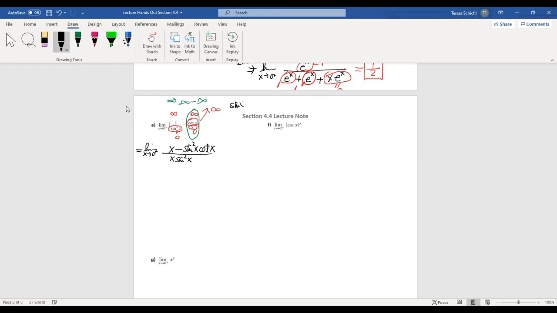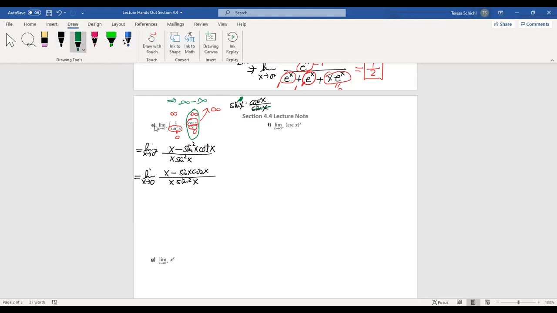So this is sine squared x times cotangent, which is cosine x sine x, correct? And I can cancel one sine here. All right, so now I can simplify this one because we are more familiar with sine and cosine. So I like to get rid of cotangent here. So this is x minus. So this term simplifies to sine x cosine x, and this is x sine squared x here. Okay, now let's check.